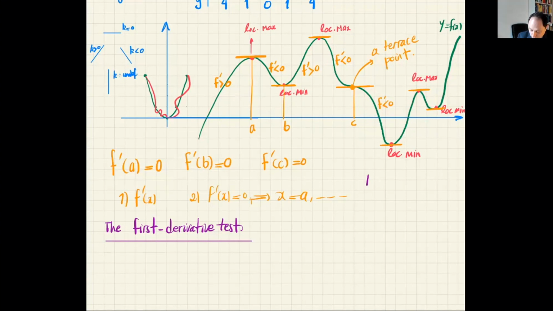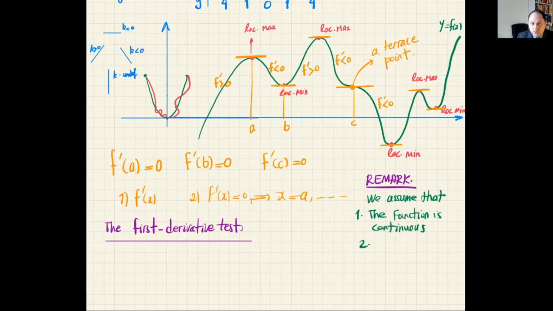So remark. We assume that 1, the function is continuous. 2, the function doesn't have any sharp points.